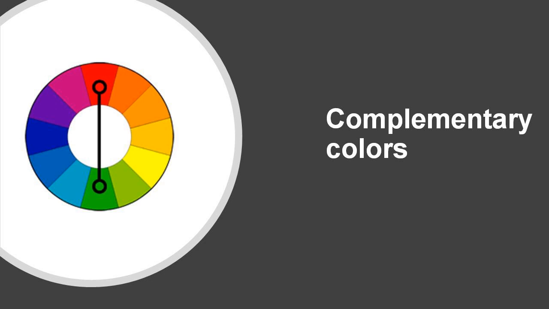Here in the figure you can see that in the complementary colors we select exactly opposite colors of the plate. As you can see, when opposite colors are selected on the color plate, they will be easily visible for people. It is easy for the reader to understand and read.